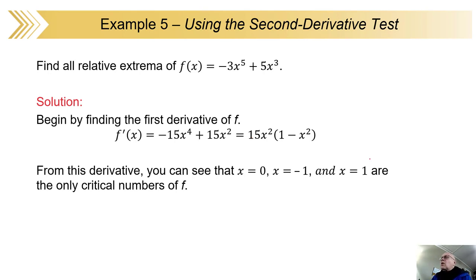The 0 comes from this part set equal to 0, and the 1 and -1 come from setting that equal to 0, because when you factor it, 1 plus x and 1 minus x, setting this equal to 0 gives you this, setting this equal to 0 gives you that. Only critical numbers of that.